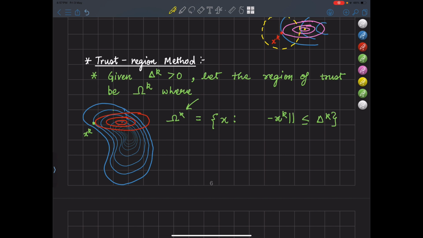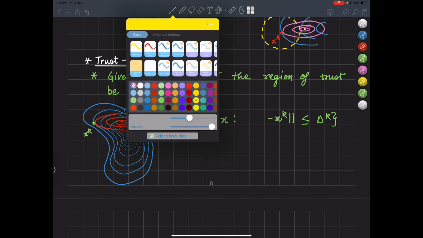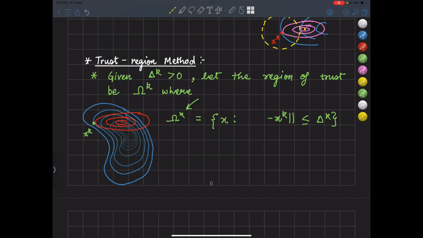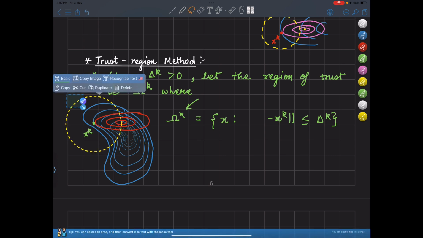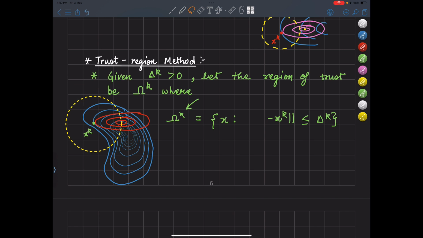The region of trust is this circle. Let me draw a different circle. So the region of trust is this circle centered at xk and whose radius is delta k. We try to find the minimum of the function inside this region of trust.